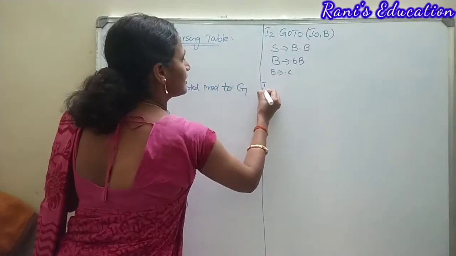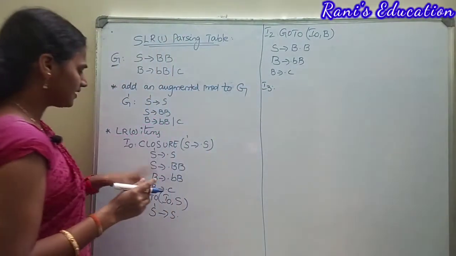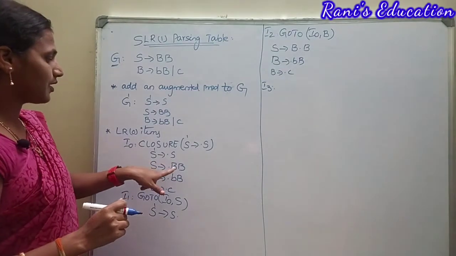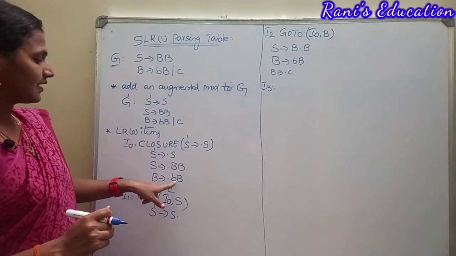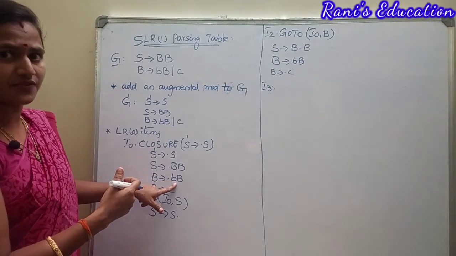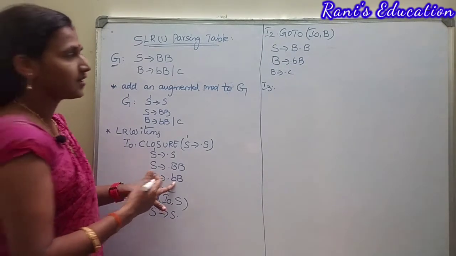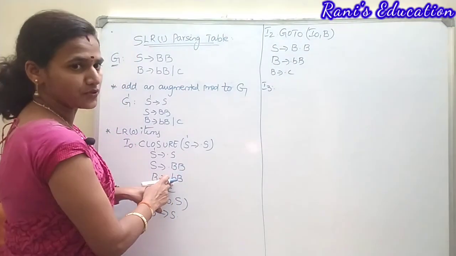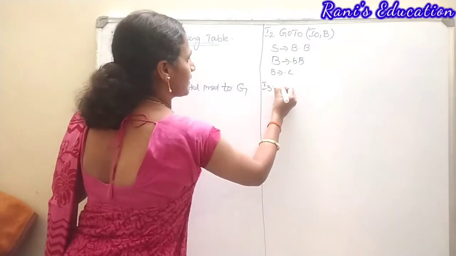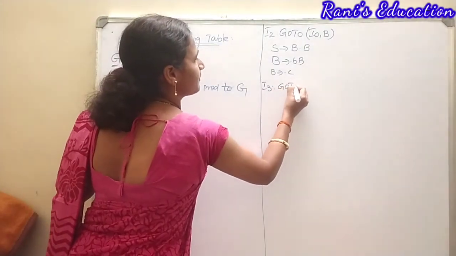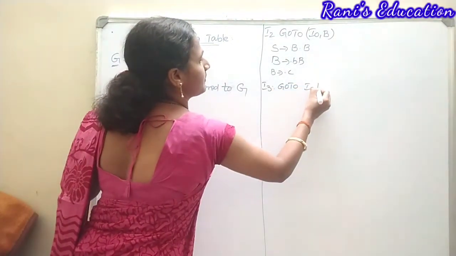Now move on to the third item. In the third item, S is over, B is also over. Now what is the next grammar symbol at the start of the RHS of the production? Small b, right? So we want to change the dot position from before b to after b, the terminal here. That is, goto of I naught comma b.